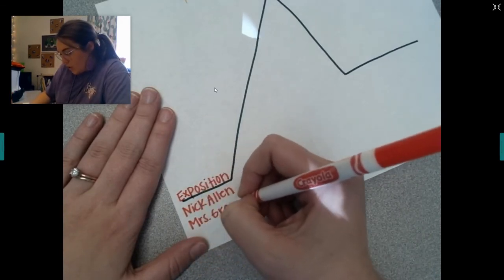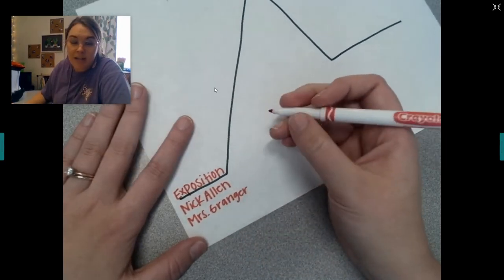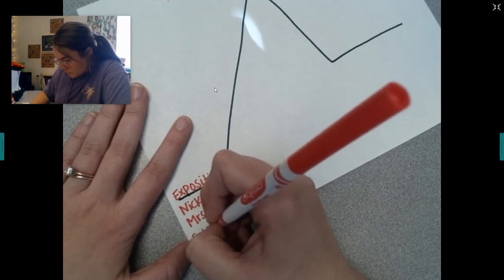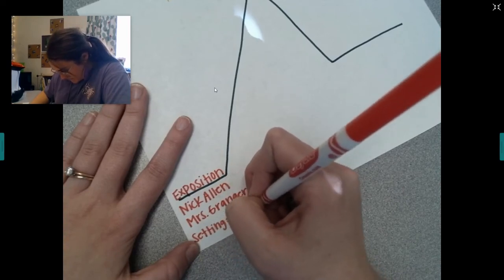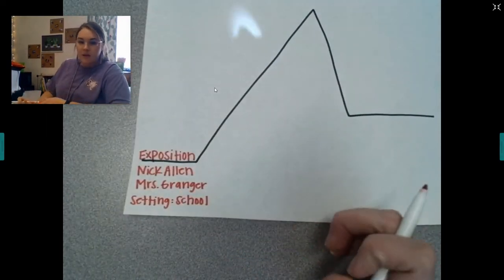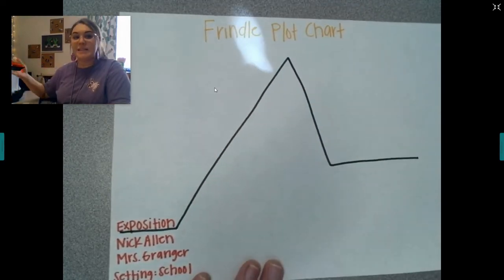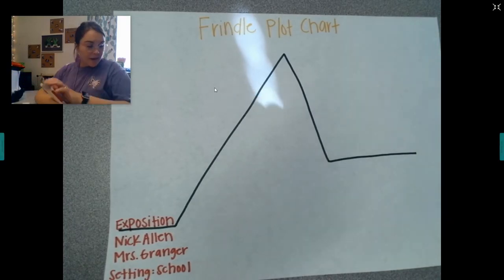Now, I mentioned a whole lot of other people, but this is kind of what we know right now, just based off of chapter 1. And your setting was we were in school. Okay, so we might get to the rising action. We might not today. We'll see. But we're going to read chapter 2 and 3, and we'll see if we get there.